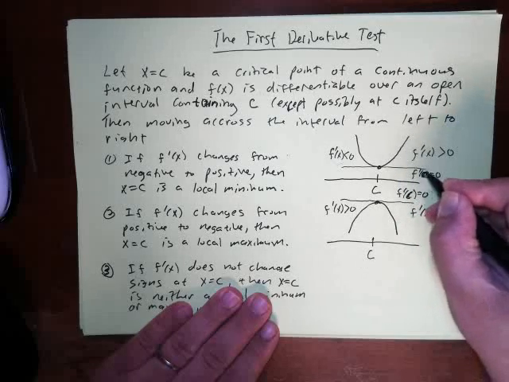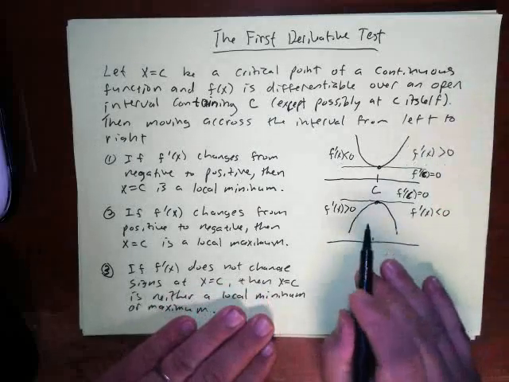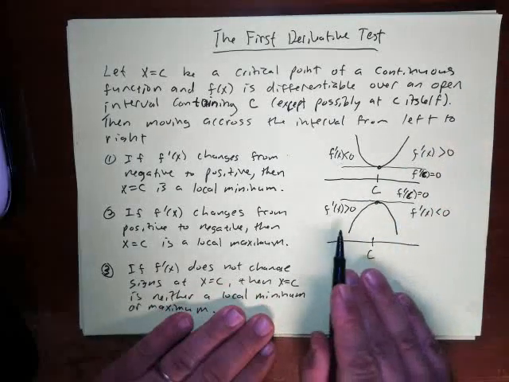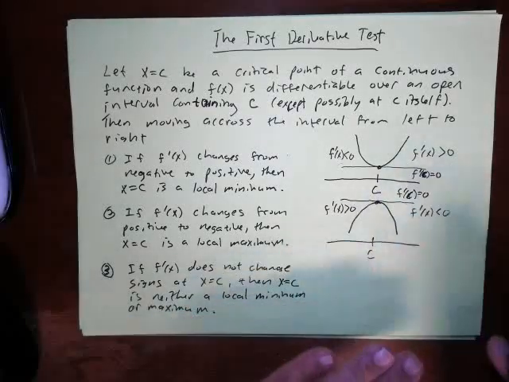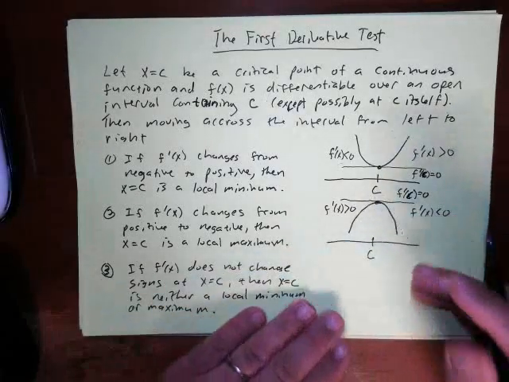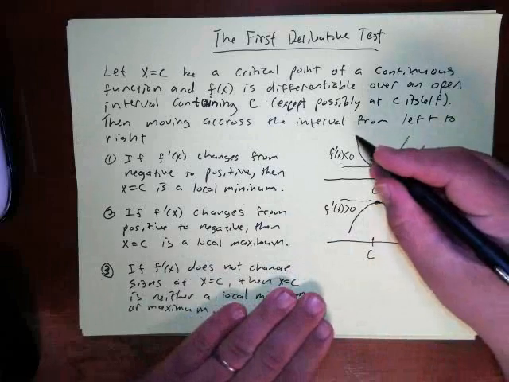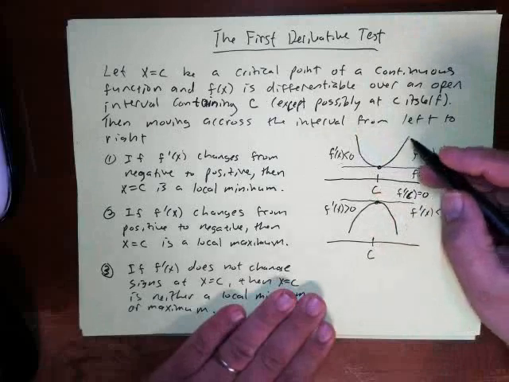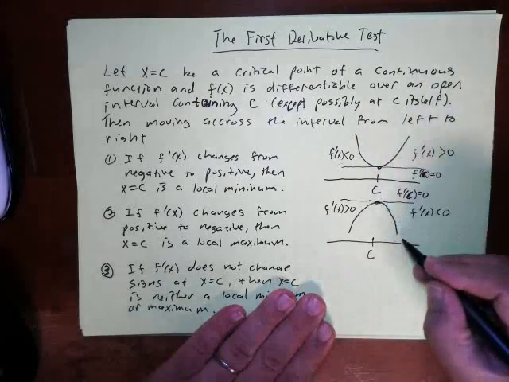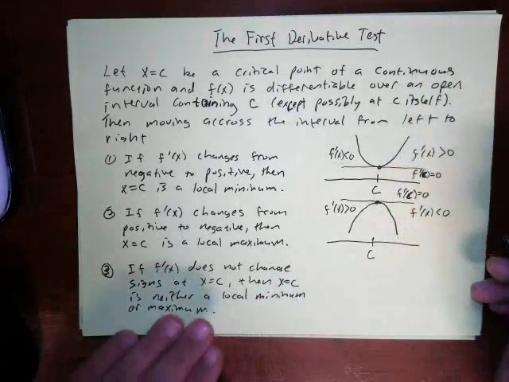So if on the left side of c the derivative is positive, so it's increasing, and then it changes to negative, then you've got a maximum. If it goes from negative to positive, it's a minimum. If it goes from positive to negative, it's a maximum.